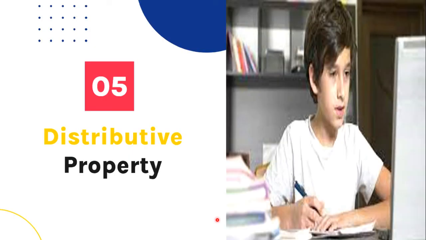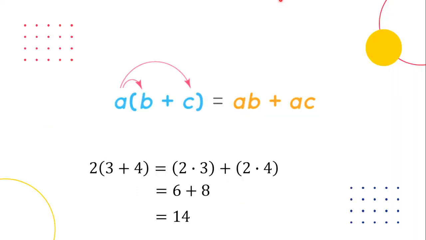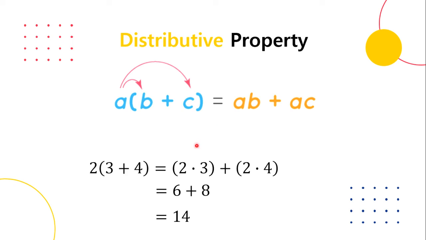So the last property is what we call the distributive property. The distributive property states that any expression with 3 numbers, A, B, and C, given in a form like this, A times the quantity B plus C, or it can be subtraction as well, is resolved as AB plus AC.